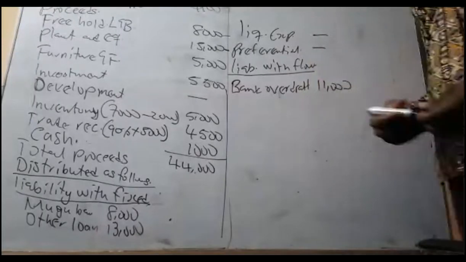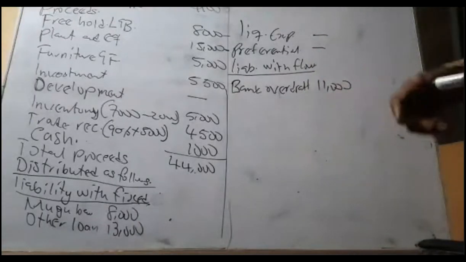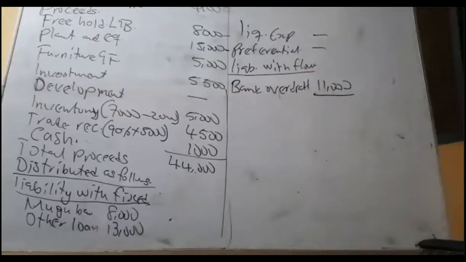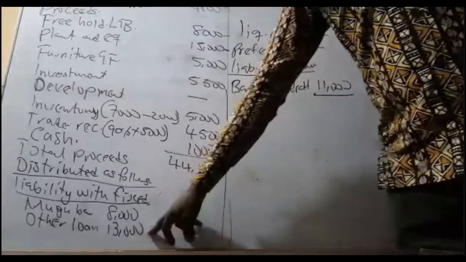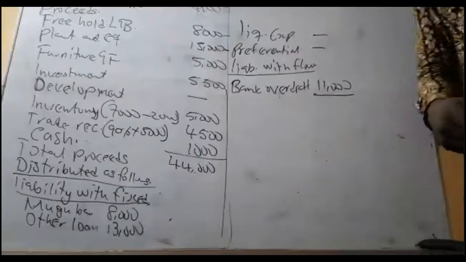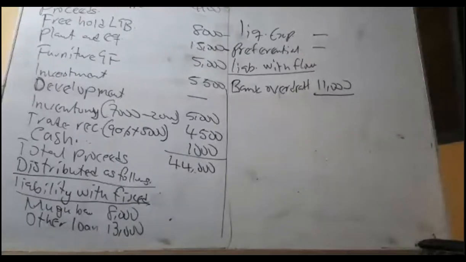Then we go to the unsecured liabilities. But before you go there, you need to know the balance left first. So add 8,013 plus 11,000. You shift it here so that you know the balance, so that if the balance is not enough to pay the unsecured liabilities, and there's a need for prorating, you do that.